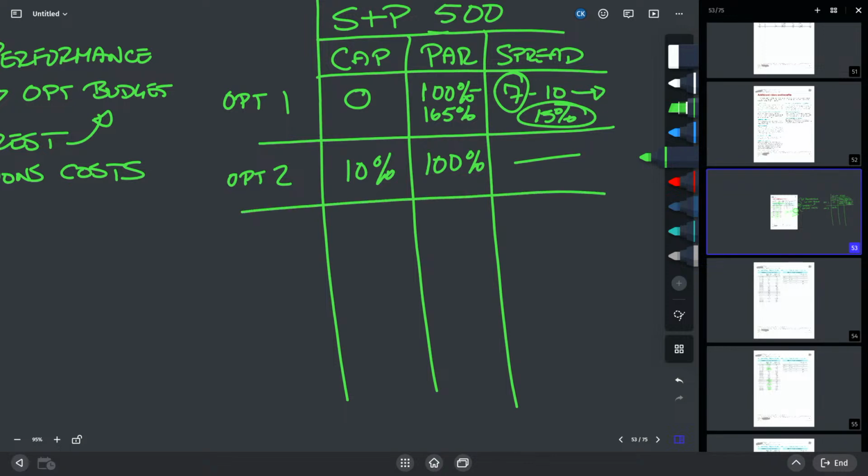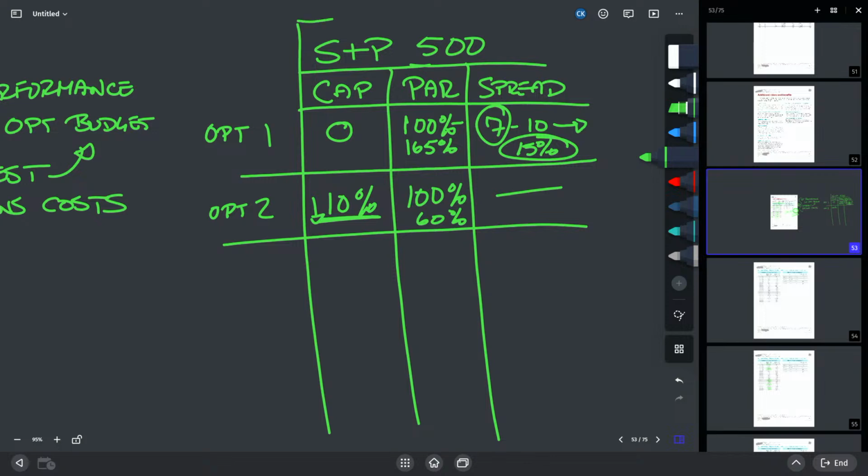Well, in this situation, the life insurance company has the ability to drop this cap rate down to, let's just say, 6%. Maybe the participation rate could get dropped down to 60%. It is what it is. At the end of the day, it doesn't matter.